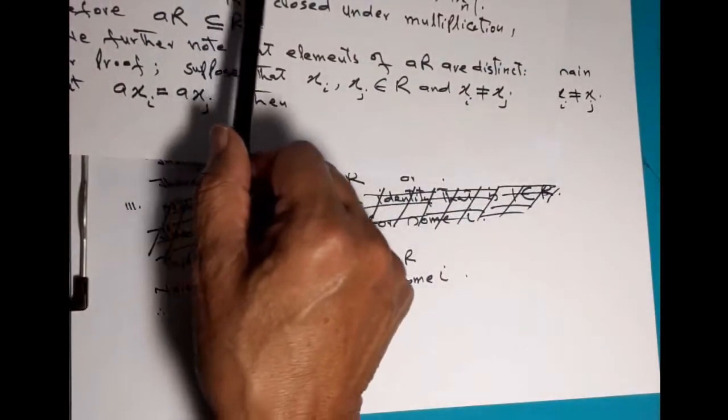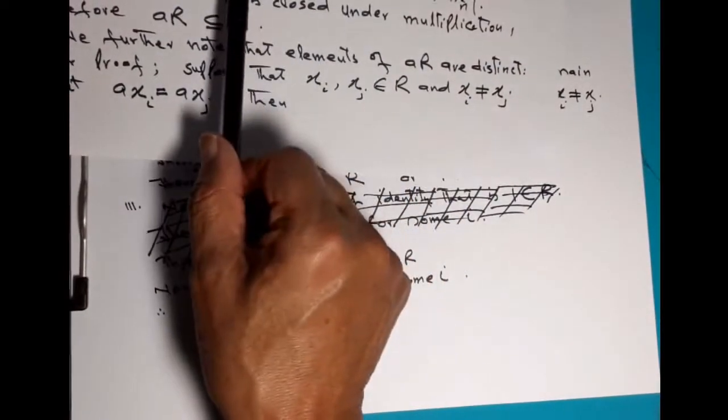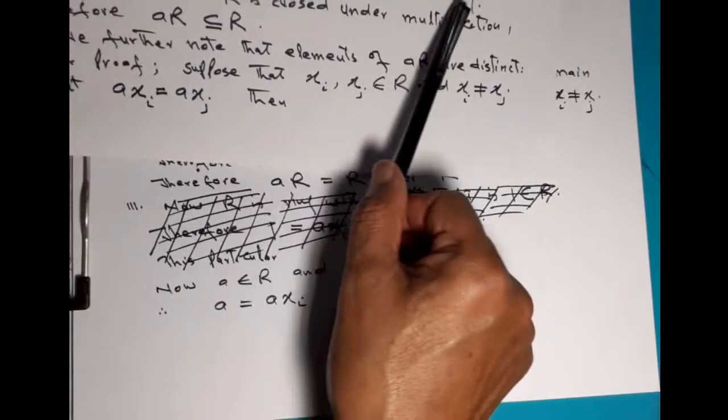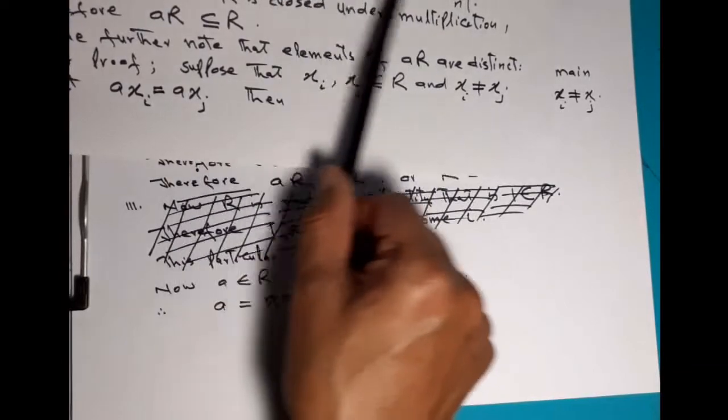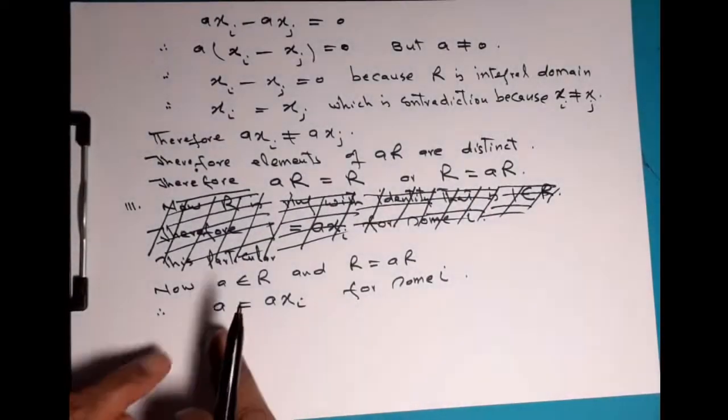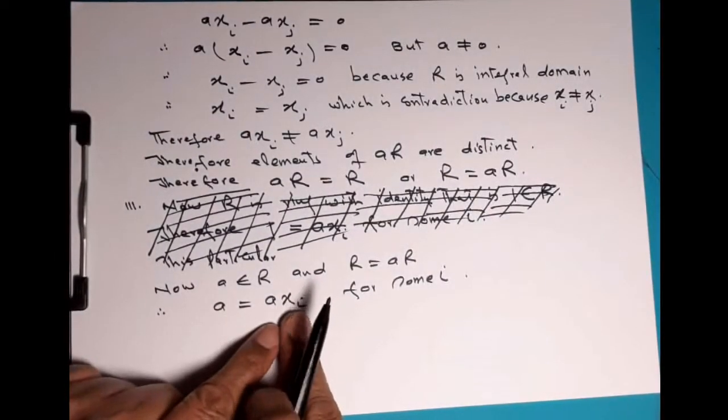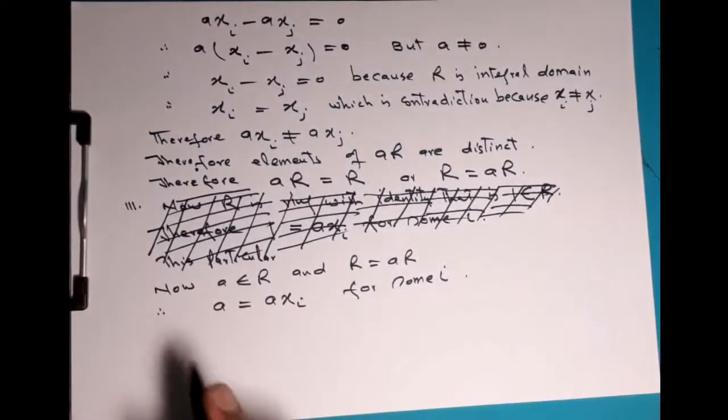A belongs to this particular set R and this set is equal to this particular set. So this A has to be equal to one of these. So A has to be equal to AXI for some I.